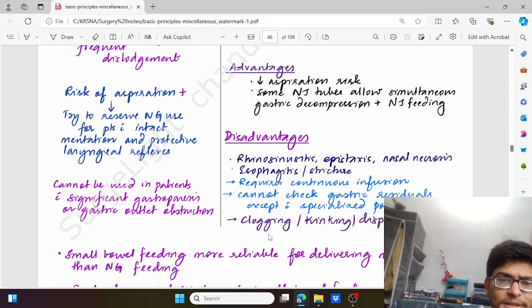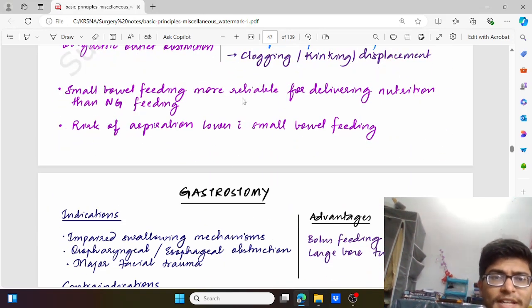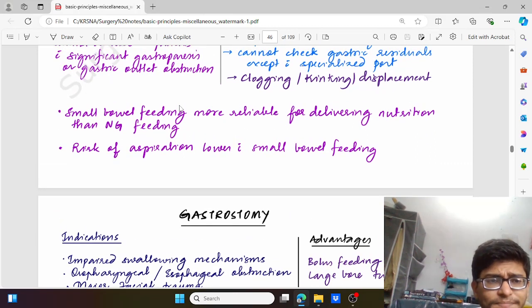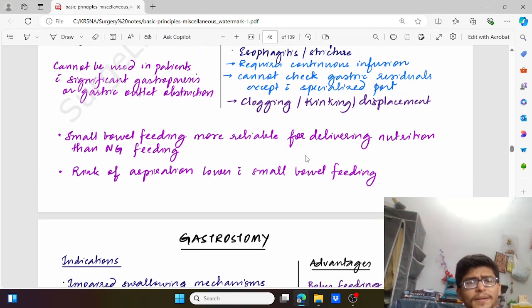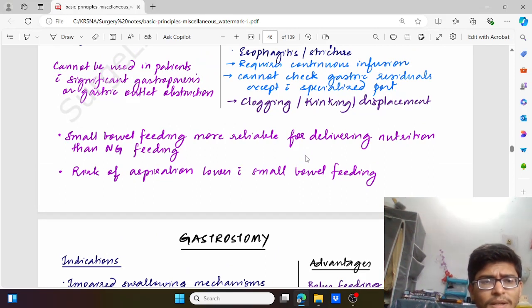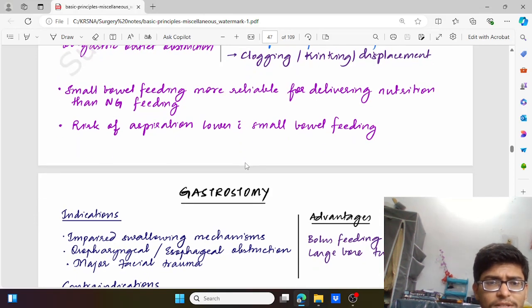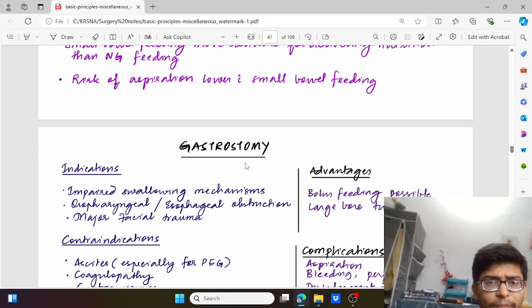Clogging, kinking and displacement are some of the other issues. Small bowel feeding is more reliable for delivering nutrition than NG feeding, and the risk of aspiration is low with small bowel feeding. So gastric feeding is not superior to jejunal or duodenal feeding.